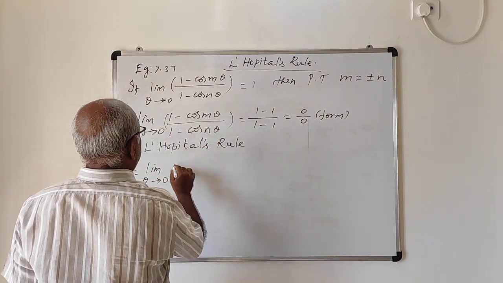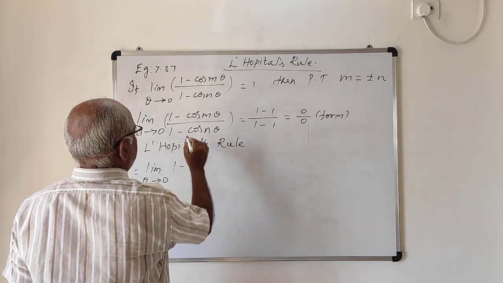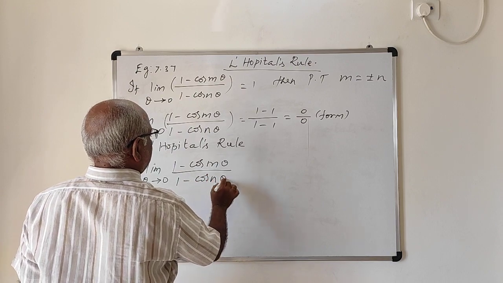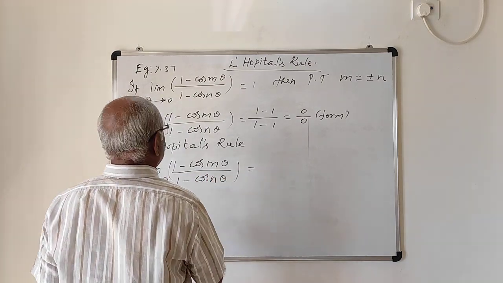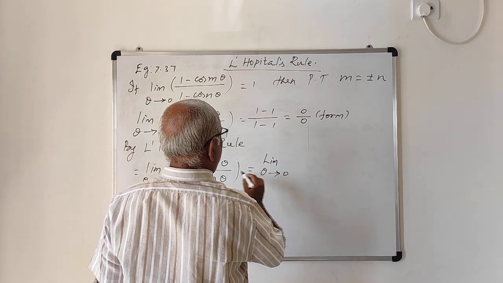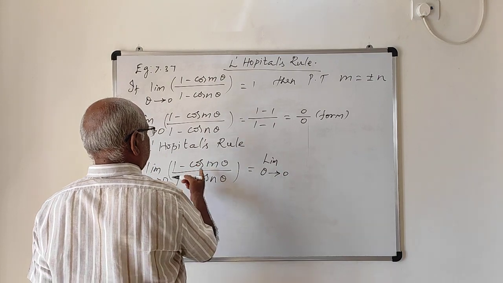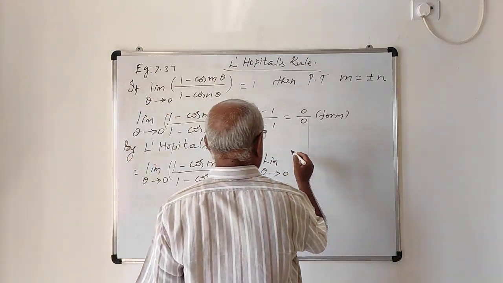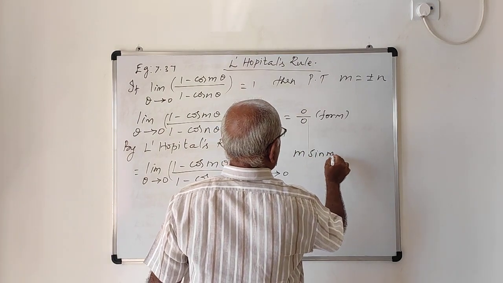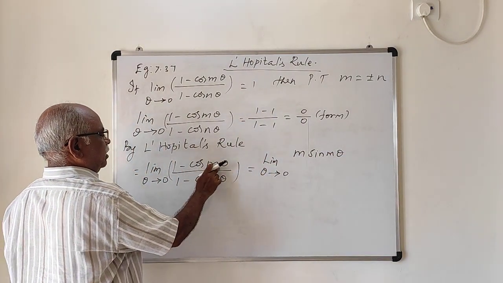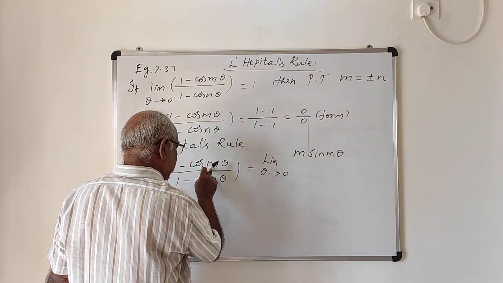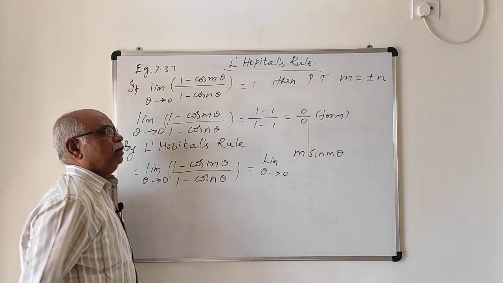So by L'Hopital's rule, the limit as theta tends to 0: the derivative of 1 is 0, and the derivative of cos m theta is minus sin m theta into the derivative of m theta, which is m. Therefore, minus or minus plus, we get m sin m theta in the numerator.